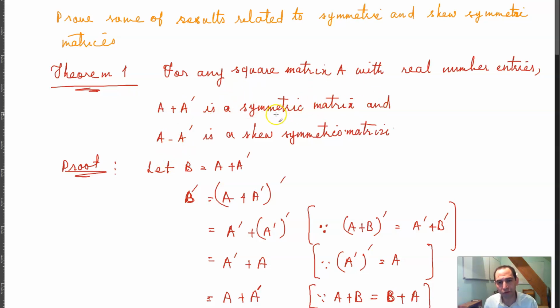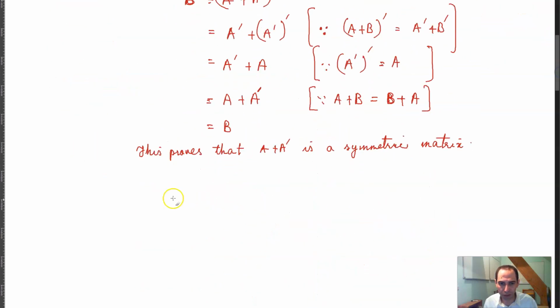A symmetric matrix by definition is the kind of matrix in which the transpose of the matrix is equal to the matrix itself. For example, if you have some matrix B, and you take its transpose, B prime, if B is equal to B prime, then you can say that B is a symmetric matrix.